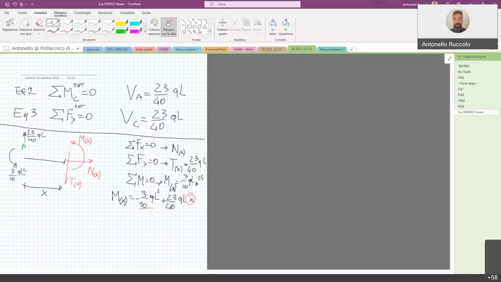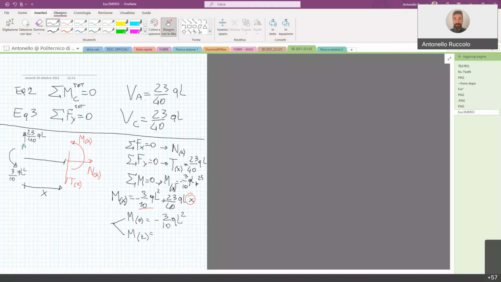So the bending moment varies between a minimum and maximum value, which, where x is equal to 0, is minus 3/10 QL to the power of 2. And we find that the value of the bending moment in the node A is exactly equal to the external reaction with the opposite sign, and that's what we expect.